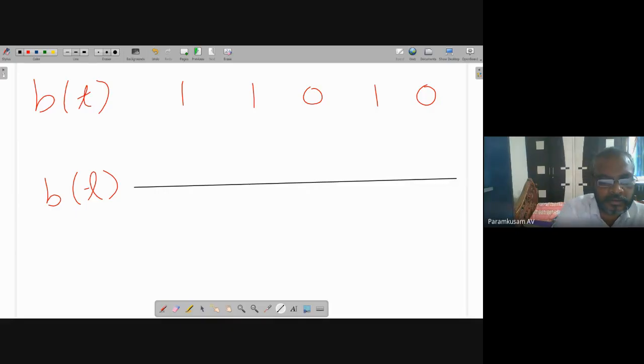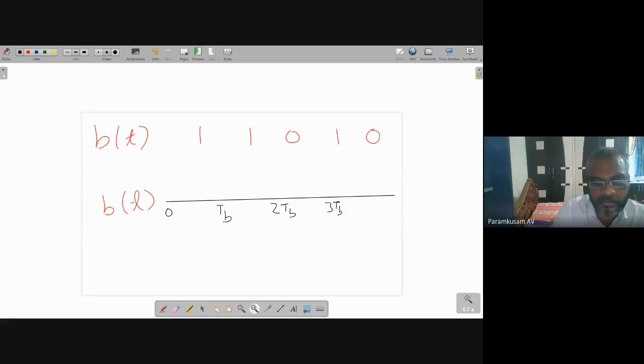Okay. Suppose 0, TB, 2 TB, 3 TB, 4 TB, 5 TB.